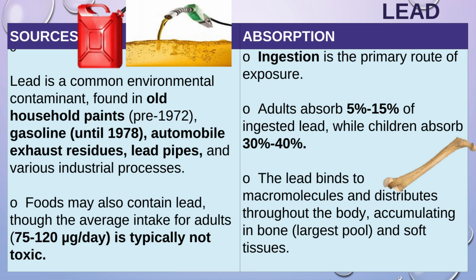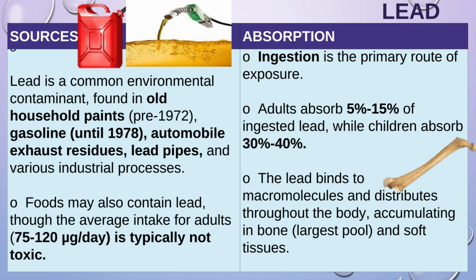And automobile exhaust residues, lead pipes, and various industrial processes. Foods may also contain lead, though the average intake of adults should not be beyond the normal. And then absorption: ingestion is the primary route of exposure.